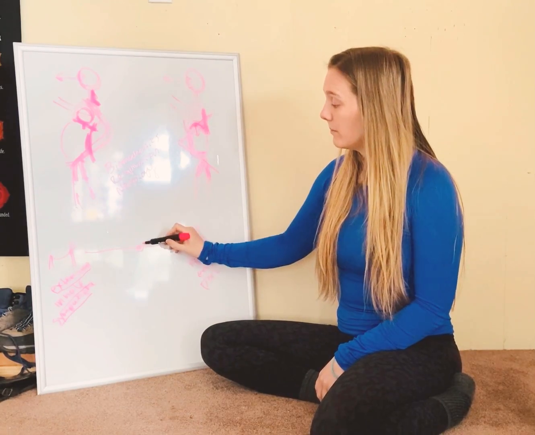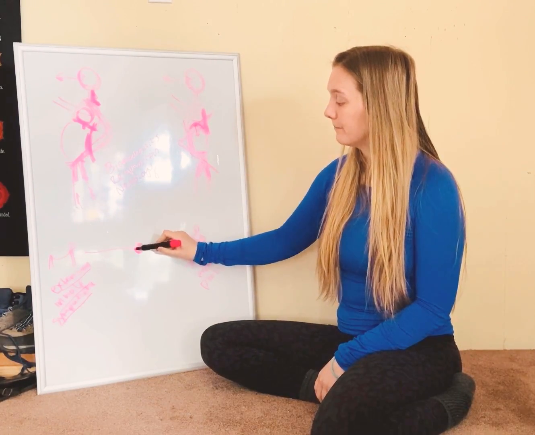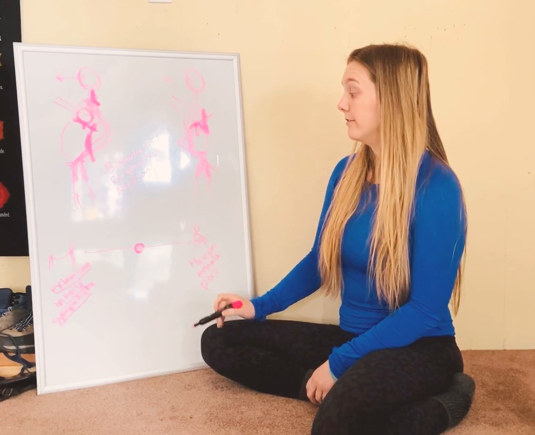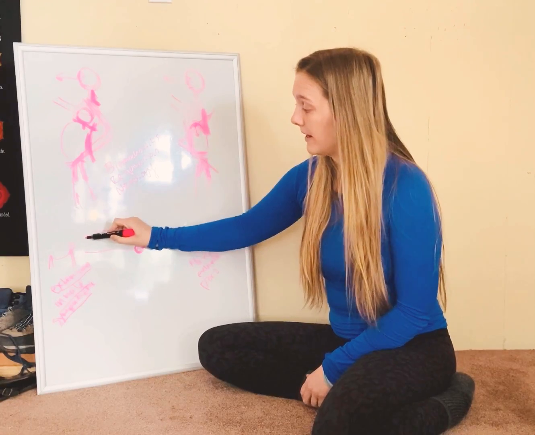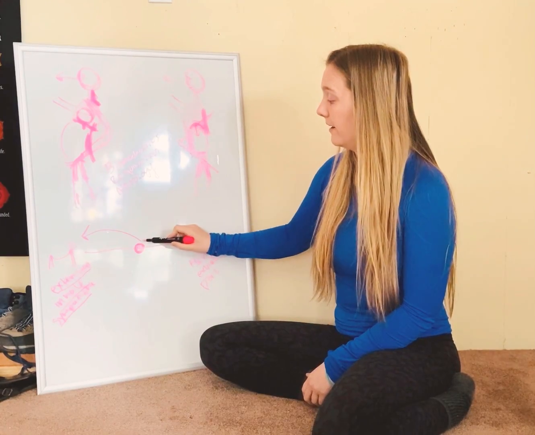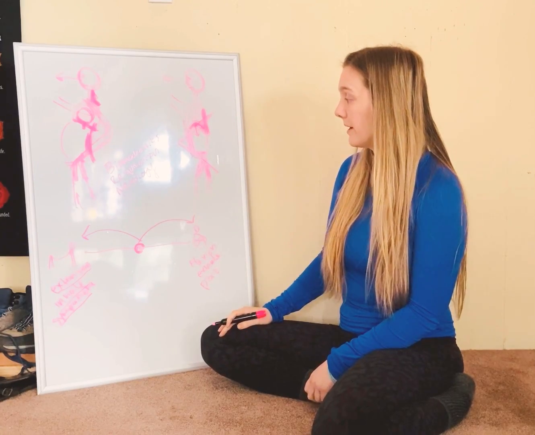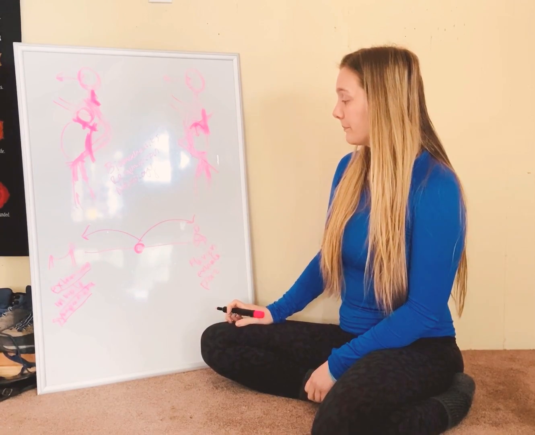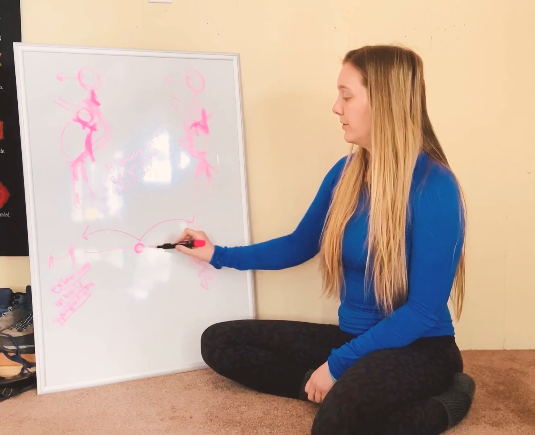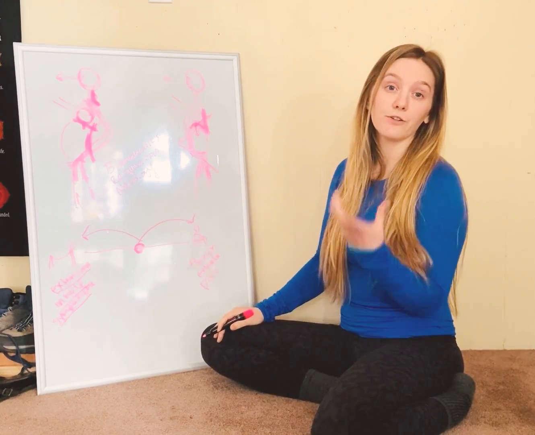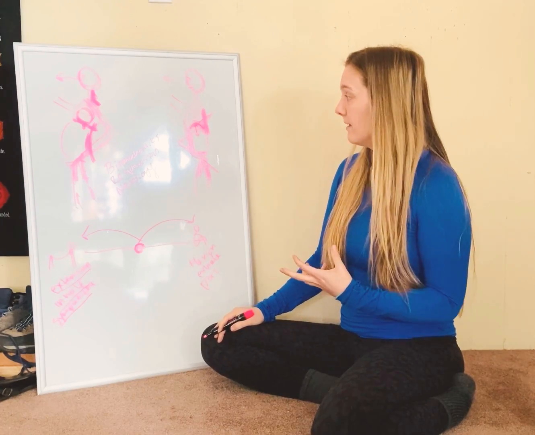So ideally, we want to be able to operate from this space of neutrality, that depending on demand, we can extend, inhale, and become sympathetic, or we can flex, exhale, and become parasympathetic. And we want to be able to adapt depending on external influences, depending on the demand.